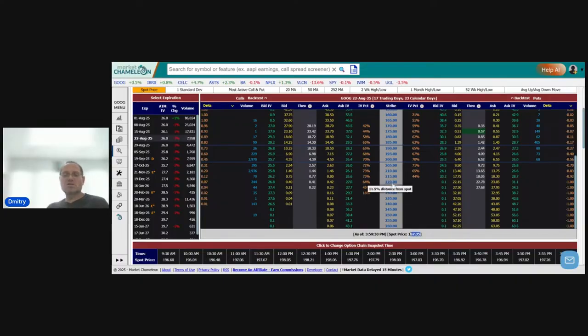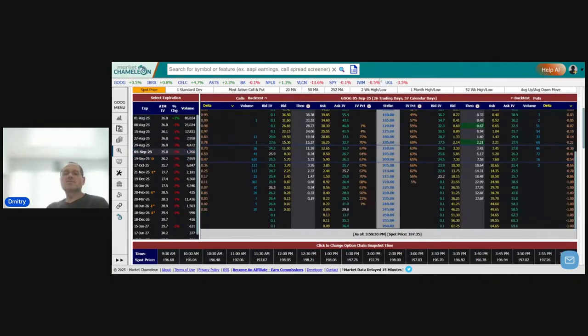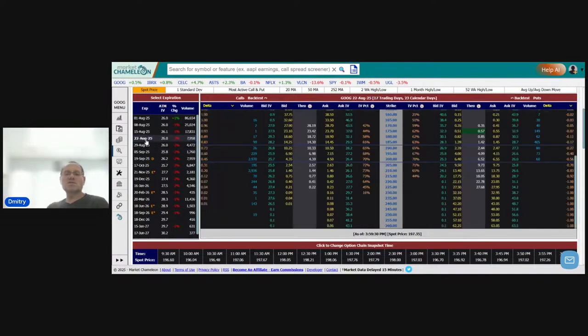Well, that's not the same thing as an option with a strike price of 200, which is only 1.3% of it. In addition to that, we have options that have longer expirations, let's say September 5th. Well, this has 26 days to go. If I go back to August 22nd, this has 17 days to go.